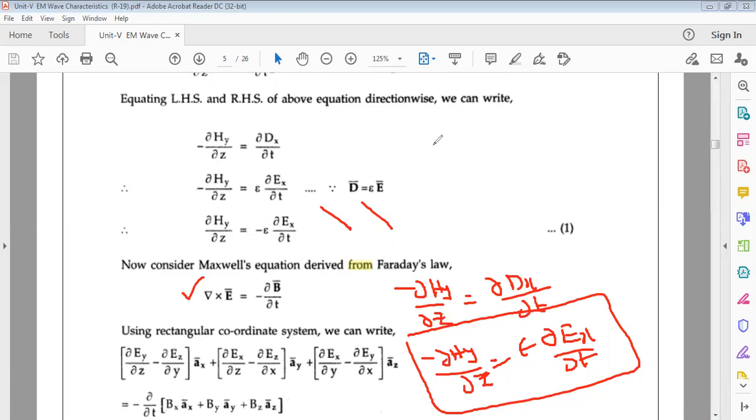Del cross E bar is equal to the determinant of ax, ay, az, with del as ∂/∂x, ∂/∂y and ∂/∂z, and E bar as Ex, Ey and Ez. Whenever E is in the x direction, Ey and Ez are equal to 0, and it does not vary with respect to x or y. Only with respect to z it varies. Using these conditions, you can find del cross E bar is equal to minus ∂B bar/∂t.